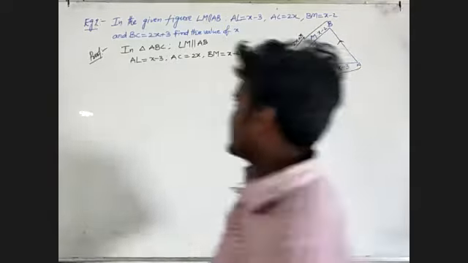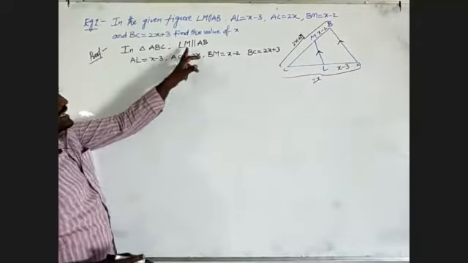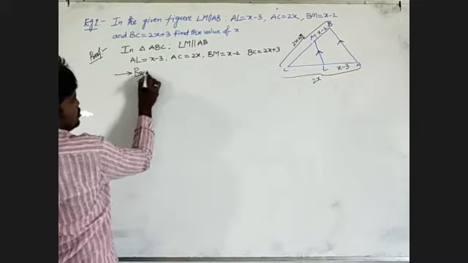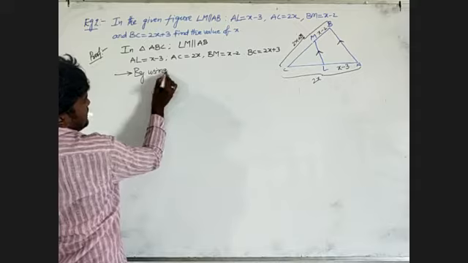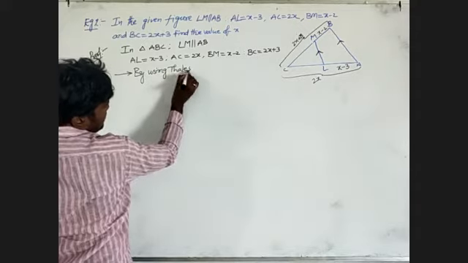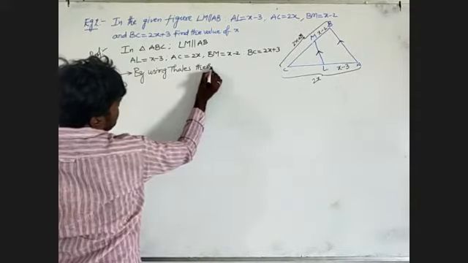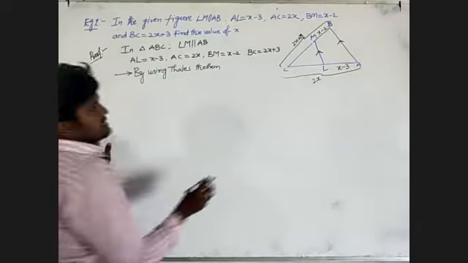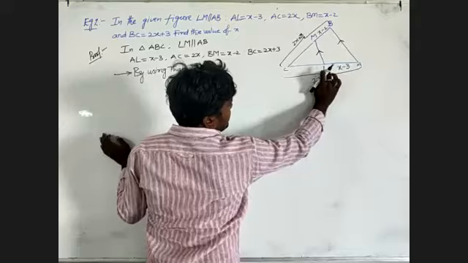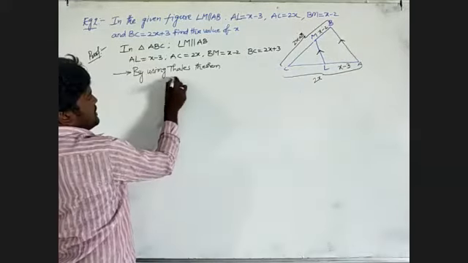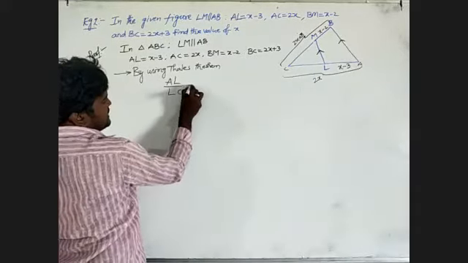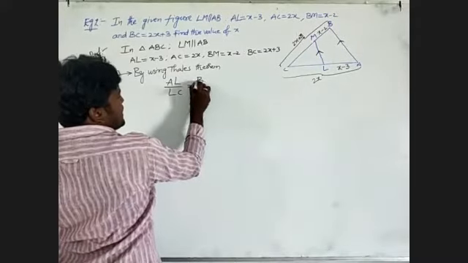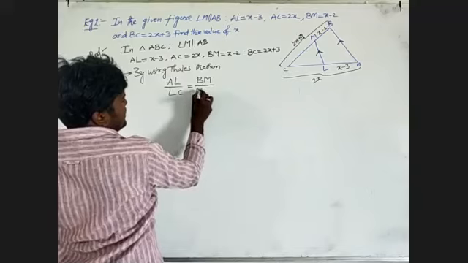But we will observe in this one, in triangle ABC, LM is parallel to AB, here by using Thales theorem. What do we have to write by Thales theorem? Here we have to write AL by LC is equal to BM by MC.